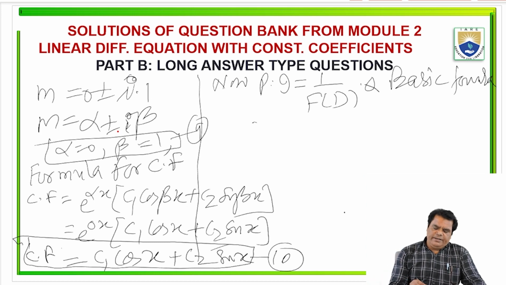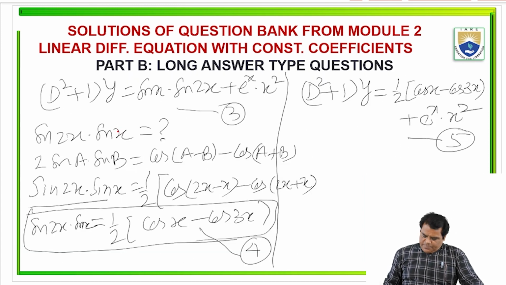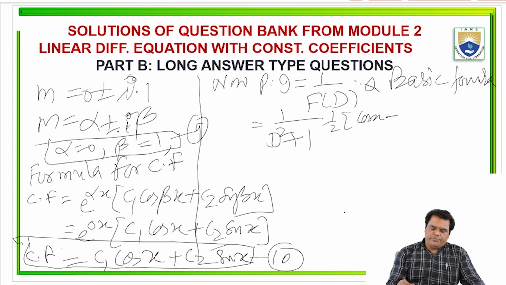Here F(D) is D square plus 1. And what is Q? Q is 1 upon 2 (cos x minus cos 3x) plus e to the power x into x square. So this is equation 10.